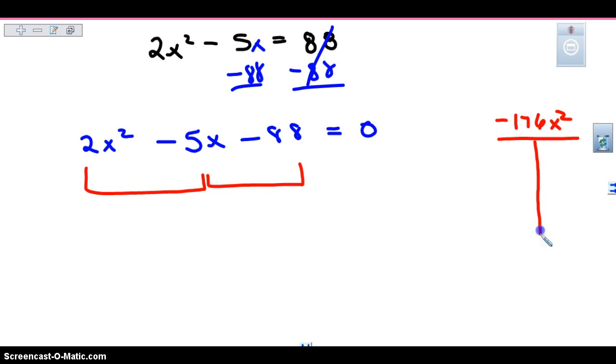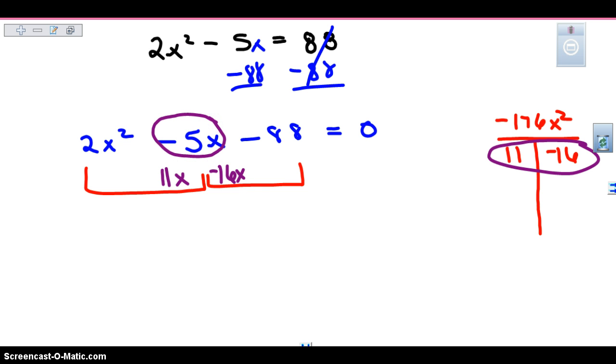What are the factors we're going to use? 11 times negative 16. We can say 11x, negative 16x. When we add them, it equals negative 5x, minus 88, 2x squared.